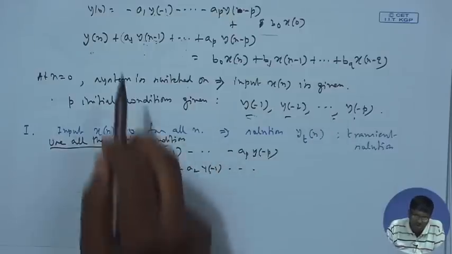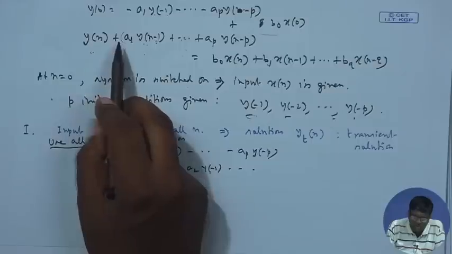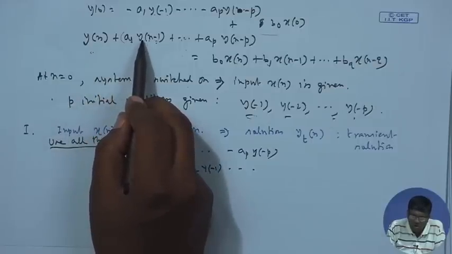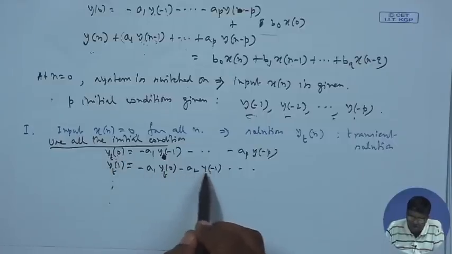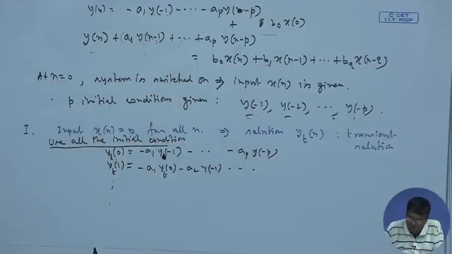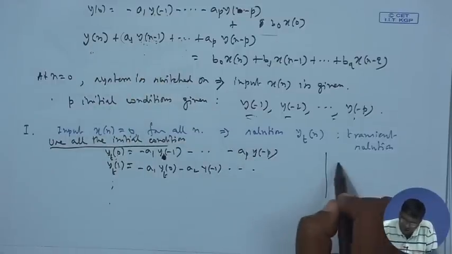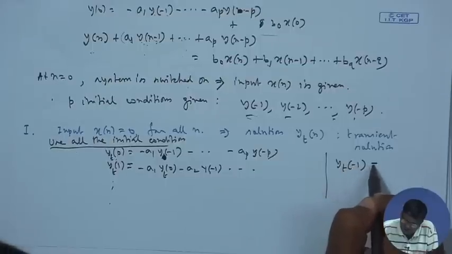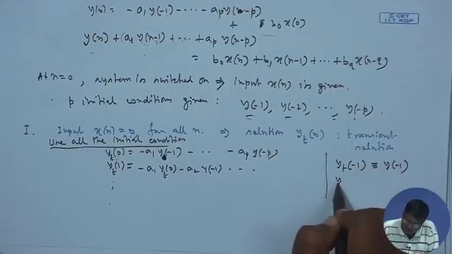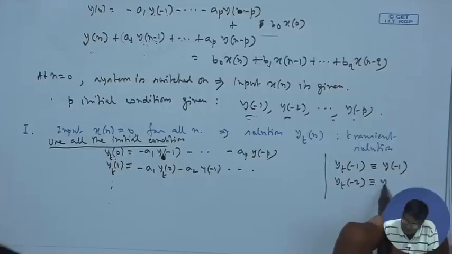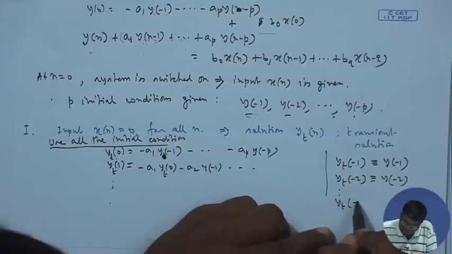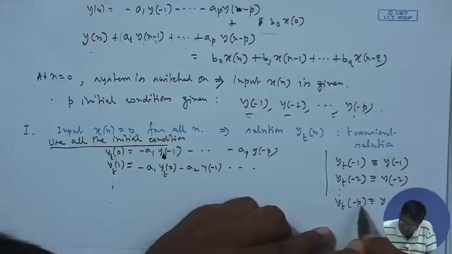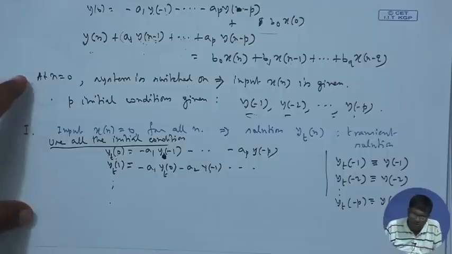Then y t 1, I have to find out minus a 1 y t 0, because n is 1, y t 0 already obtained, then minus a 2 y minus 1, put the initial condition, that is, I am equating y t minus 1 with given y minus 1, y t minus 2 with given y minus 2, dot dot dot, y t minus p with given ones.